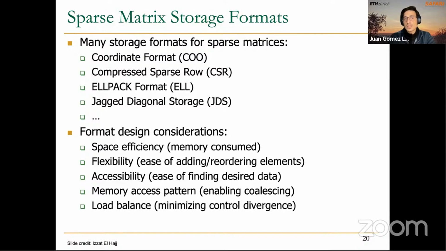And one last thing is the load balancing, because we want to minimize the control divergence. We want to maximize the warp utilization, as you know, in order to achieve higher performance. And we will see that load balancing is challenging as well when computing with the sparse matrices, because in different parts of the matrix, we may have very different numbers of non-zero elements.